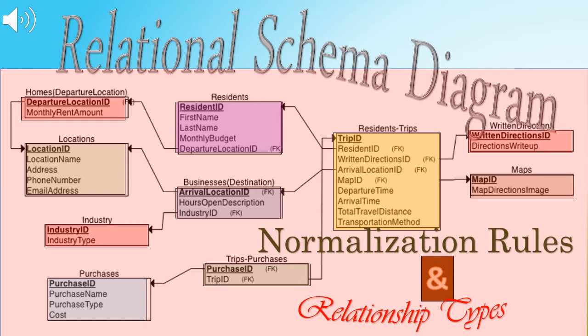It satisfies second normal form because its primary key, defined in the locations table, is an auto number. Consequently, there could be no confusion whether or not all attributes in the table are identified by all of the primary key, and it satisfies third normal form in that all fields in the table specifically relate to the primary key in the table and no other primary key in any other tables.